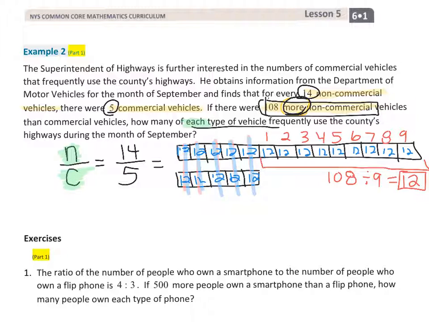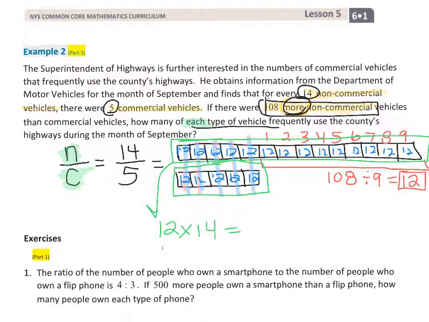So in order to do that, all we need to do then is take that 12 and multiply it by this 14. So that would be 12 times 14. And then take this tape diagram and do 12 times 5.